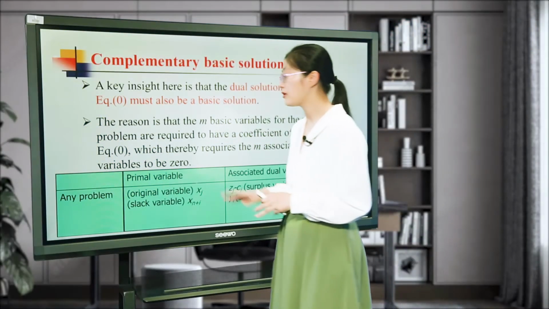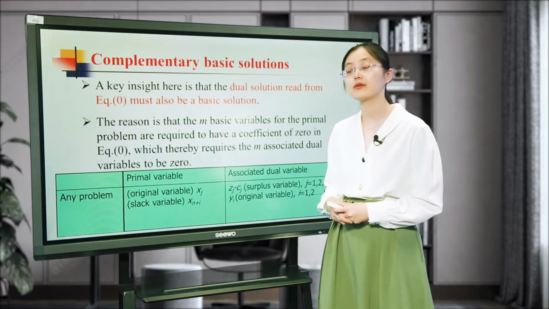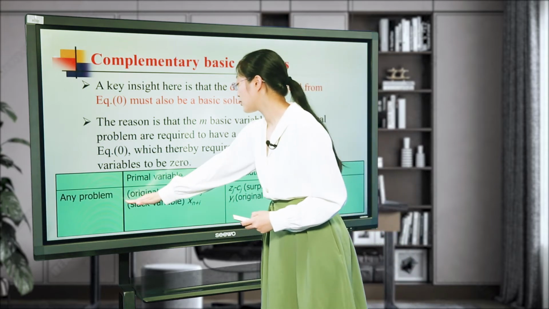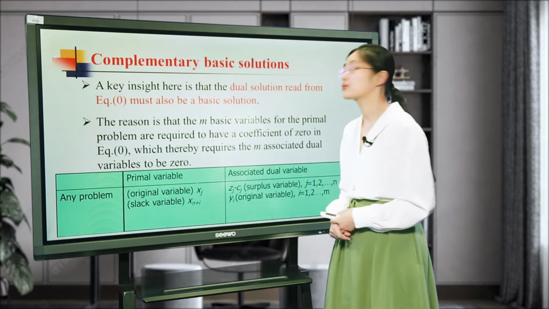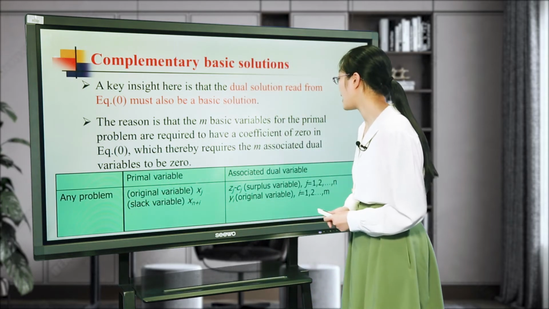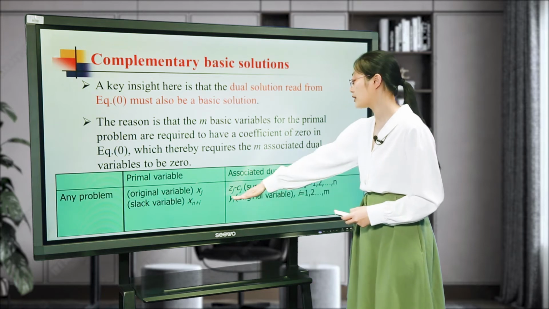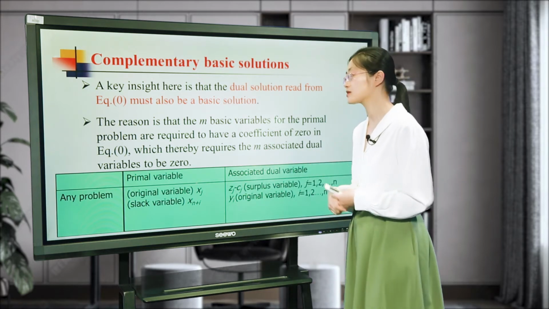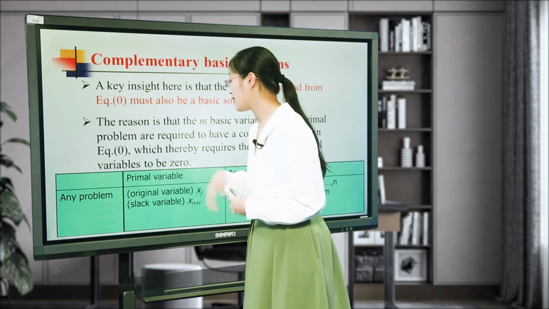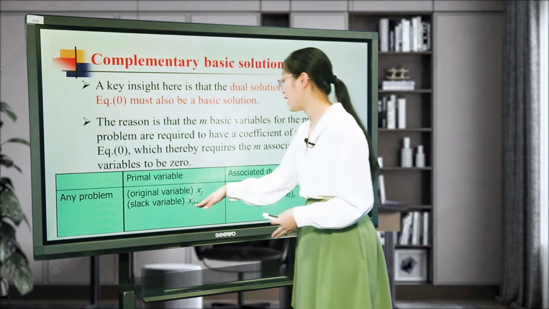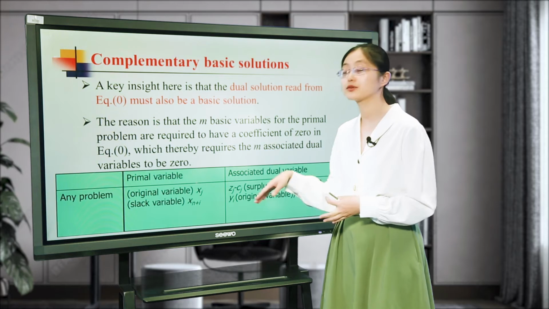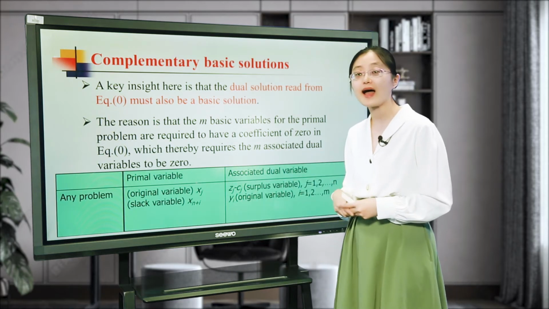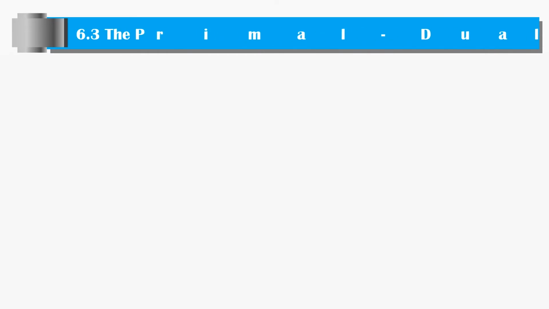So for any problem, the original variables xi are the primal variables, and they correspond in the dual problem to zj minus cj, the surplus variables. On the other hand, the slack variables in the primal problem, xn plus 1 to xn plus m, correspond to the original variables yi in our dual problem.